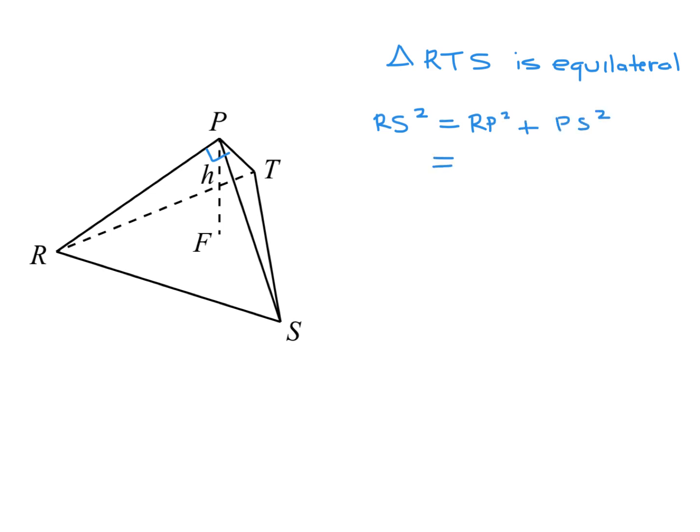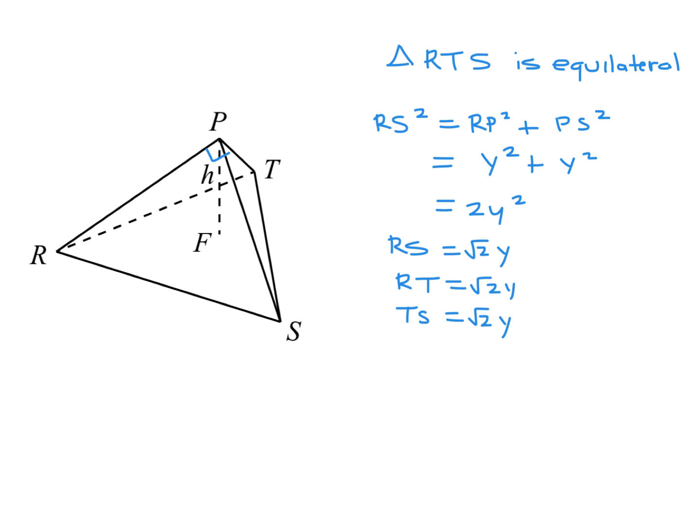So RP, if you remember, we had denoted as y, and PS was also y. So RS squared is 2y squared, so RS is root 2 y. And since it's equilateral, that means that our values for RT are also root 2 y, and TS is also root 2 y.